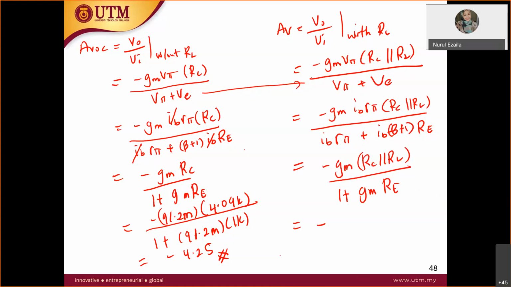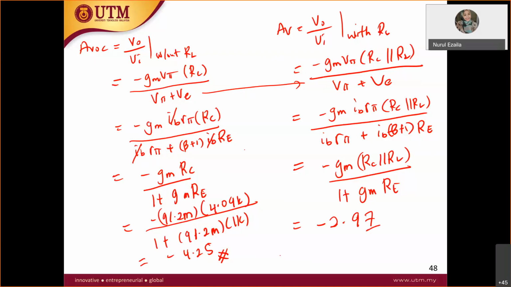Here you plug in all the values over there, and you will get negative 2.97. So that's how you do it.